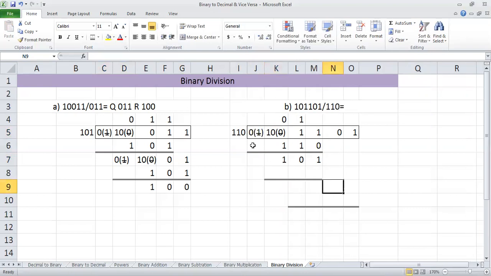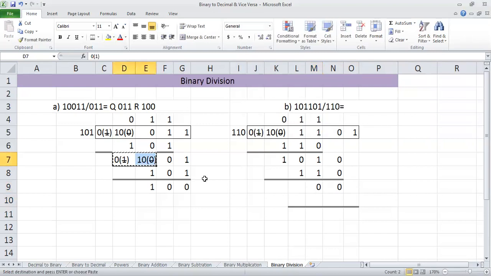Again, this is 101. Now next number we will bring down, that is 0. Again, it will go with 1 only. 1, 1, 0. 0 minus 0 is 0. 1 minus 1 is also 0. And again, we have to follow this rule.